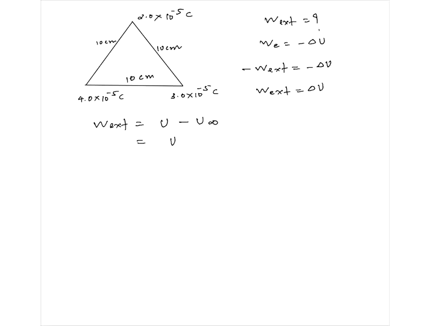Now, if we want U for 3 charges, then we should take a pair at a time. Say A and B, B and C, and C and A. Right? Now just apply the formula.